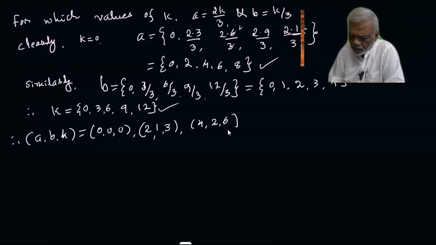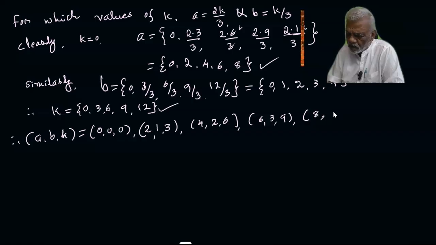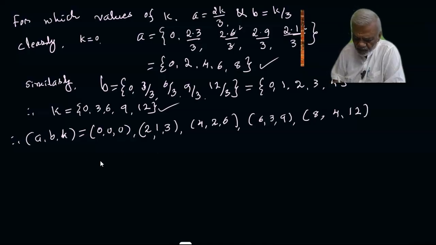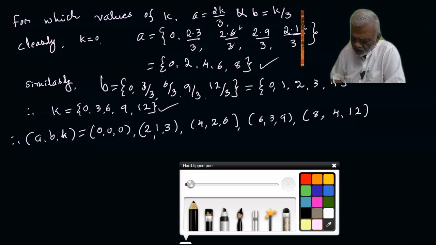Okay, and next one 6, 3, and K is equal to 9. Okay, and also last one, what is that? 8, 4, and 12.